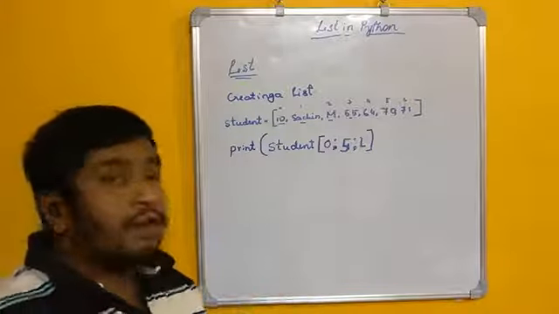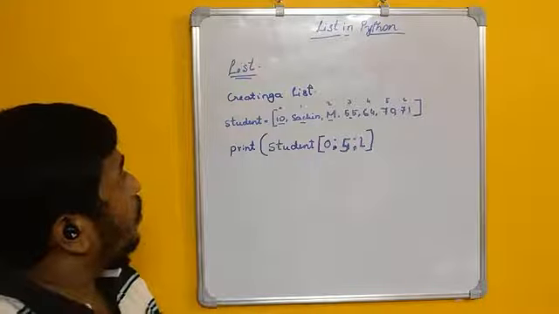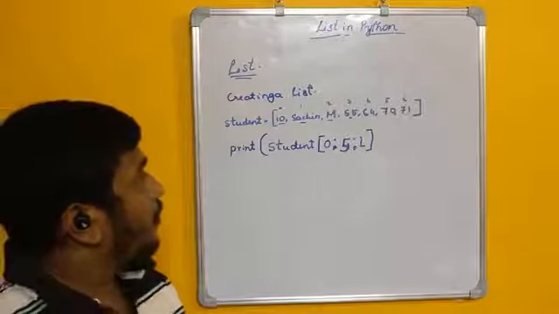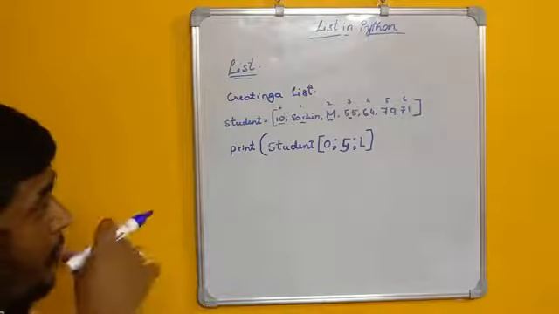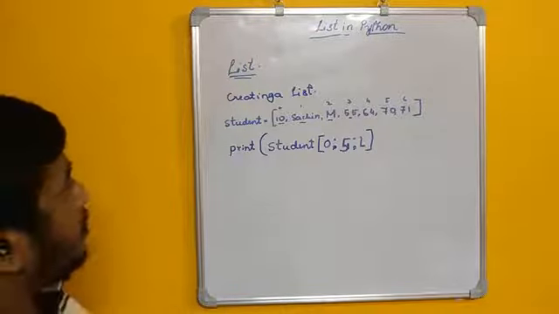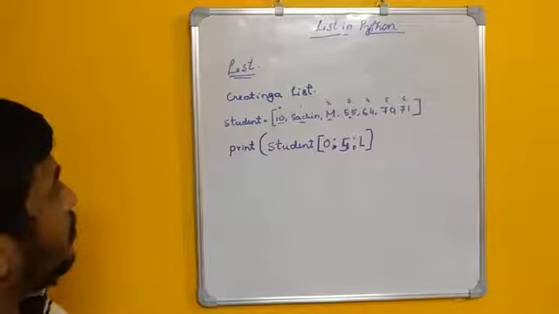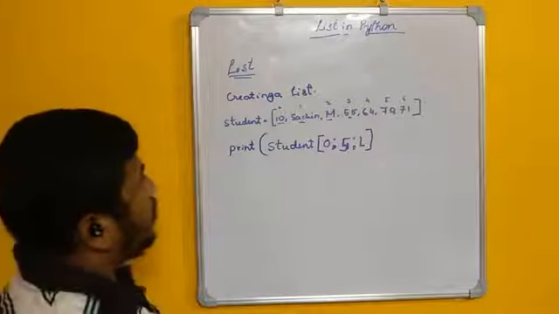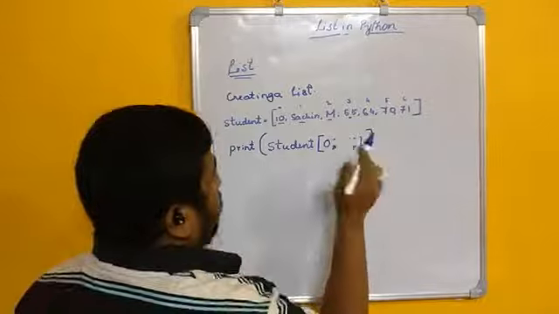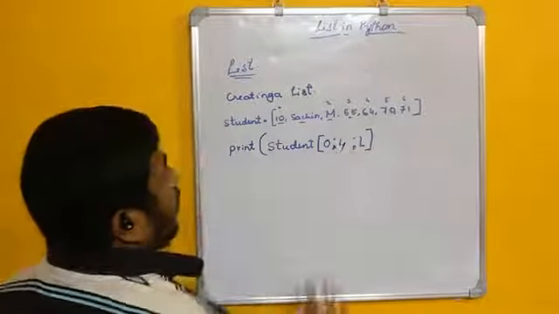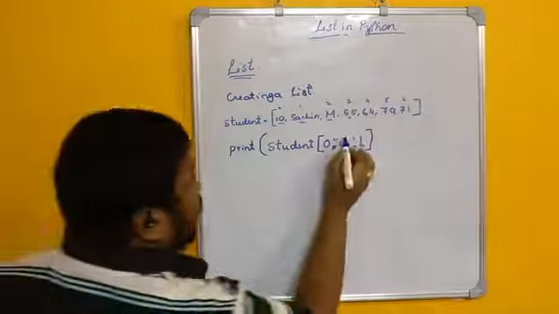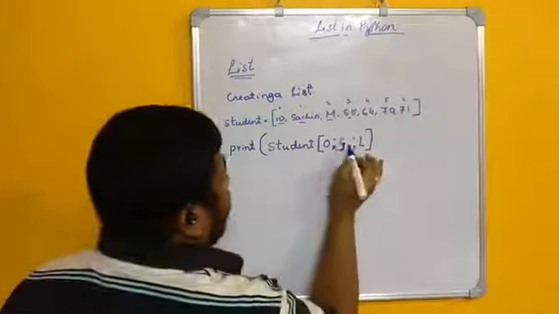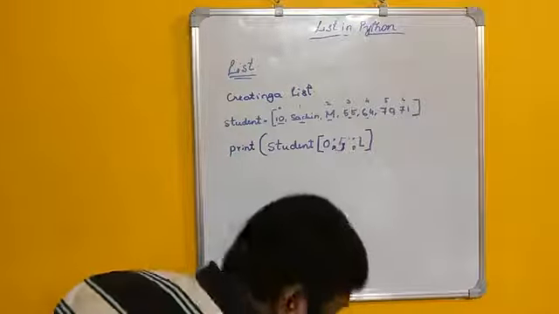Sorry, till 55 it is 4 only. If I take 4, it will print up to 55, and 64 is not included. Understood? This is slicing.